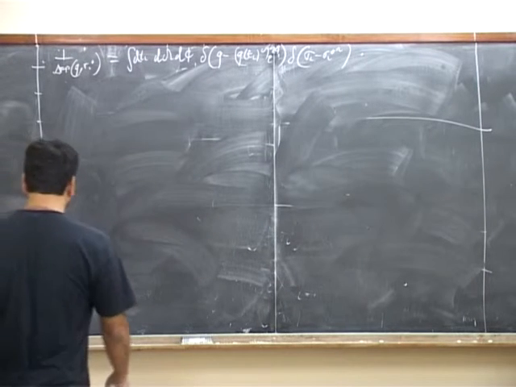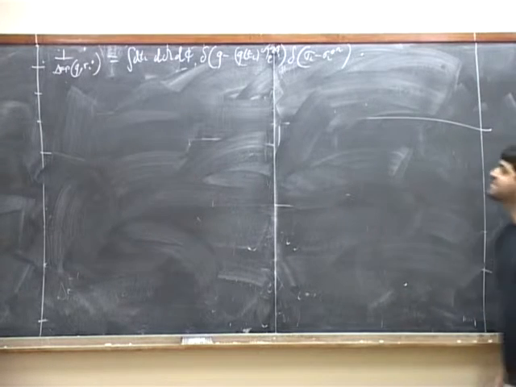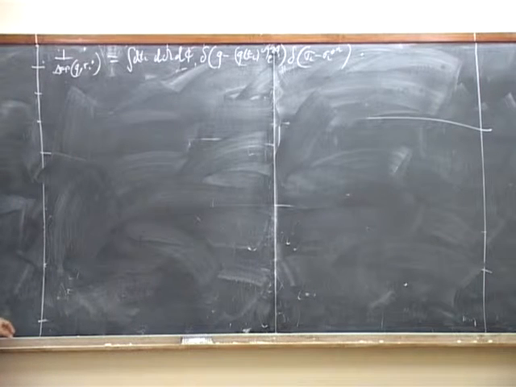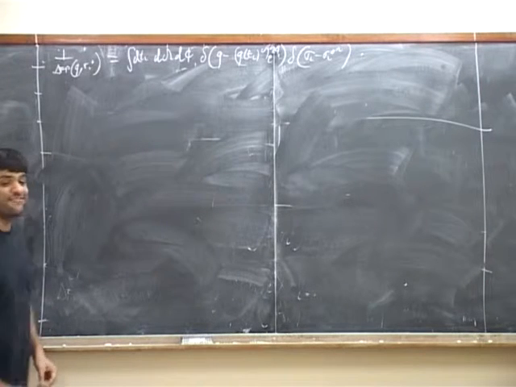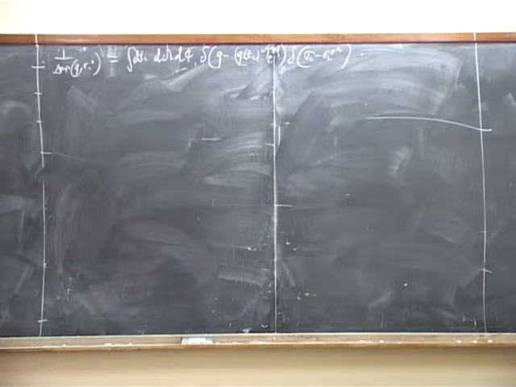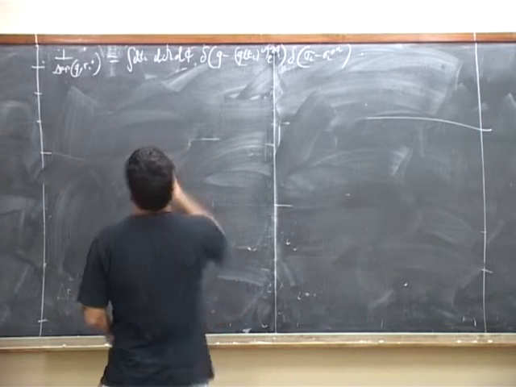Okay, now the first thing that we want to show is that this delta fp is a gauge invariant function of g and sigma i.